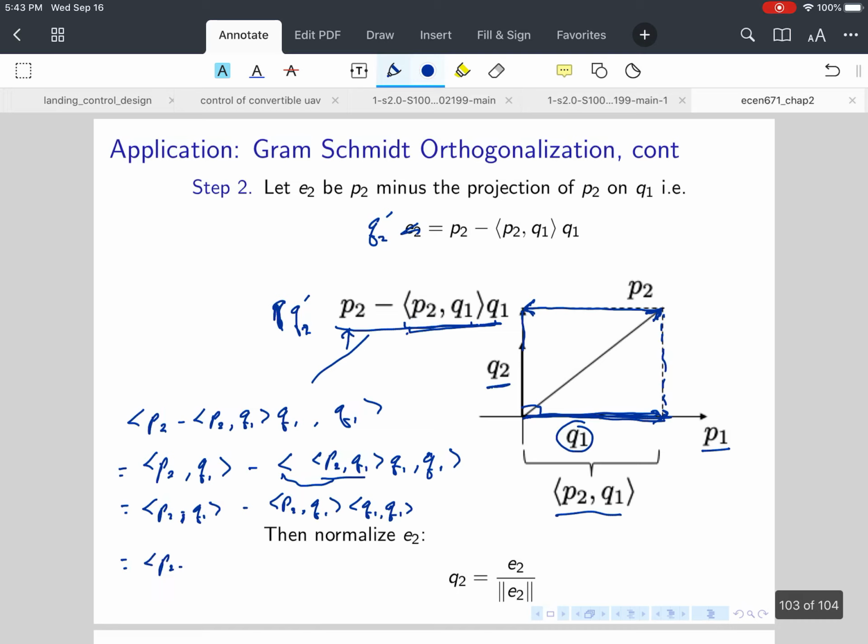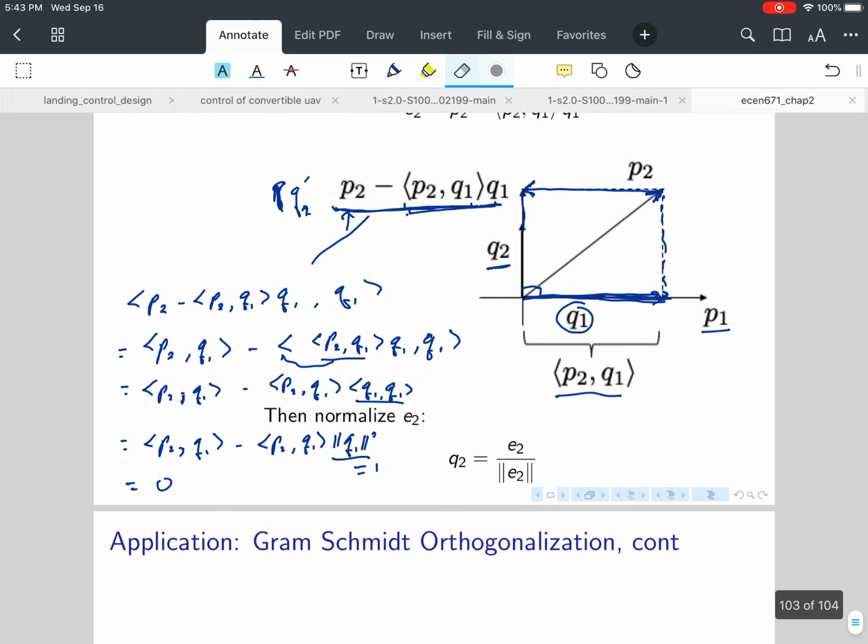That is just the norm of Q1 squared, and the norm of Q1 squared is equal to 1. So this is equal to P2 inner product with Q1 minus P2 inner product with Q1, which is all equal to 0. So in fact, this vector is orthogonal to Q1. Yeah, now I see what I was doing here. We can let that be equal to E2.